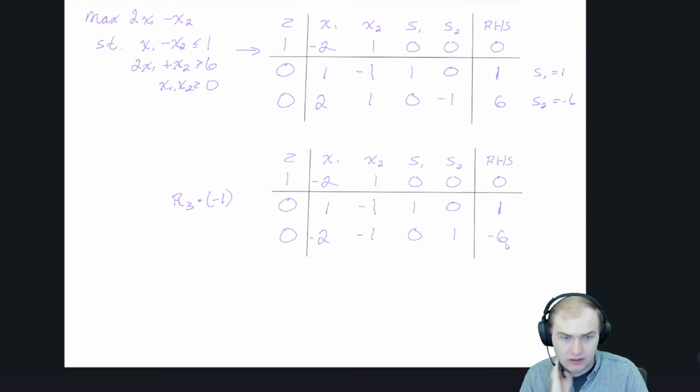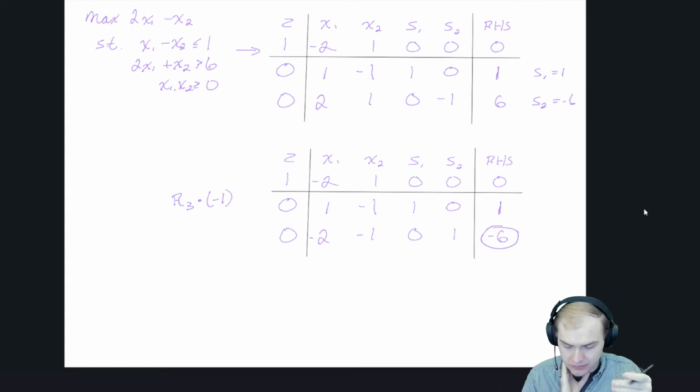But, like I said, there's a problem here. Negative 6 is negative. And we're assuming that all of our decision variables, including the slack variables, are supposed to be non-negative.